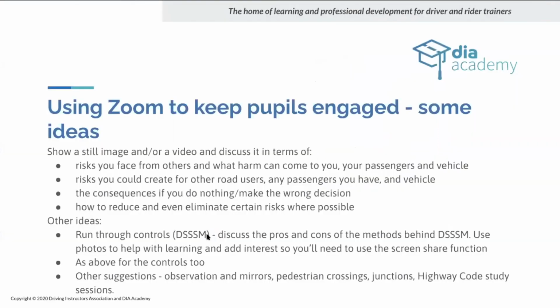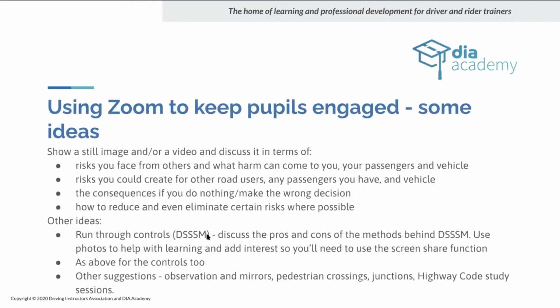Also, these are some of the ideas that we've got about keeping pupils engaged. We use the word pupils, but it could be any customer that you're training. One suggestion is using a still image or even a bit of dash cam video to discuss.